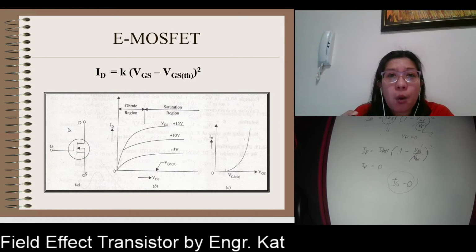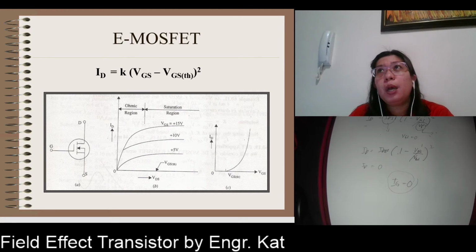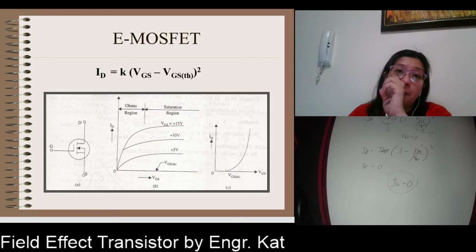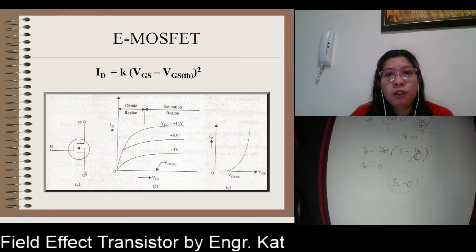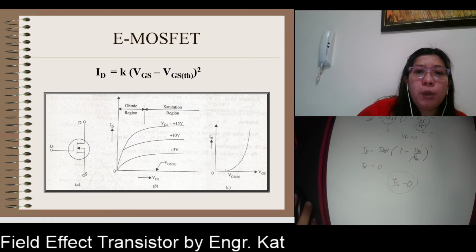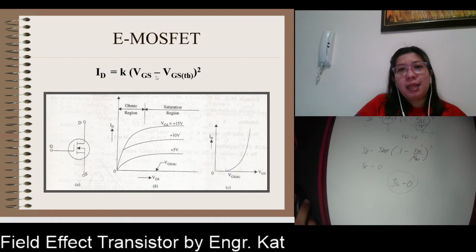So this is our formula for MOSFET. So both D MOSFET and JFET use the Shockley's formula or the Shockley's equation, while the e-MOSFET uses this equation. So as you can see, we cannot function unless your VGS here is greater than your VGS TH.